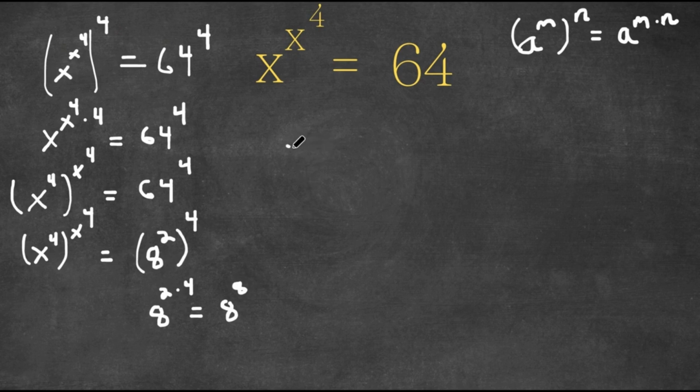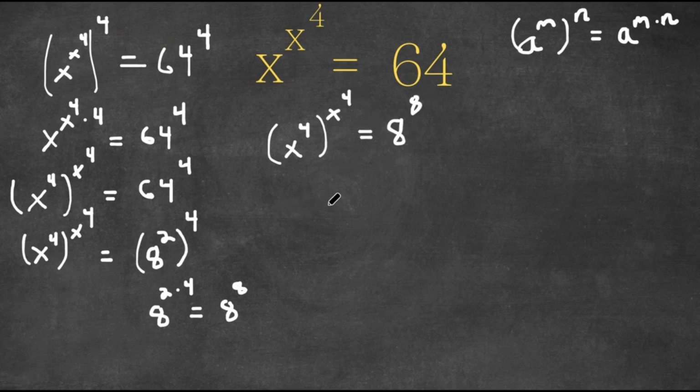So now I'm going to write this all here: x to the power of 4 to the power of x to the power of 4 equals 8 to the power of 8.